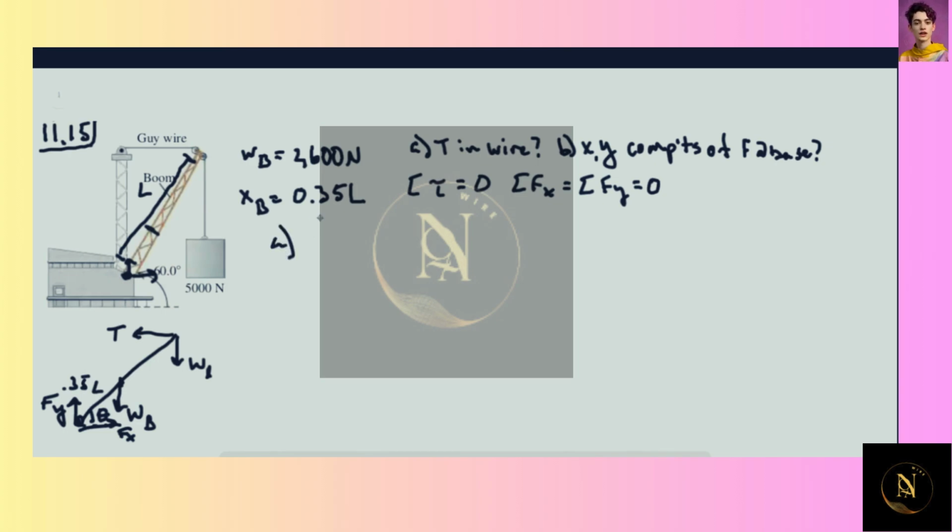So, part A, the sum of the torques will help us find what the tension in the wire has to be. And we're, again, computing them using this point as our axis. So we have the tension times the length times the sine of the 60 degrees, because this angle is the same as that.